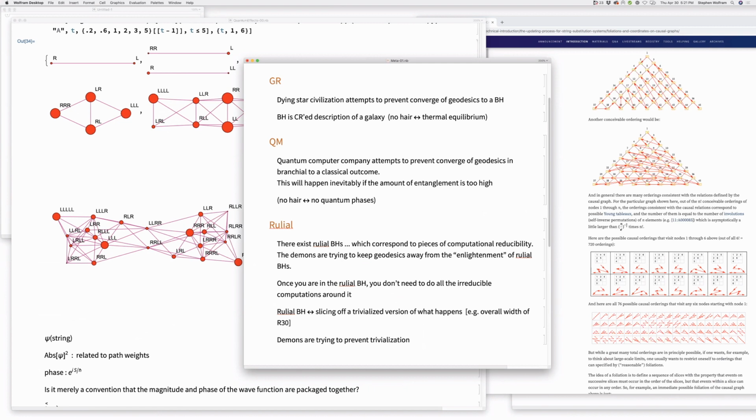Right. Okay. I don't disagree with any of this. My way of thinking about this would be more like, you want to trivialize something, so you want to have some way of computing the overall width of Rule 30. Rule 30 is one way of computing that, but the fact that you've trivialized it means that there are many other rules that will also compute that same thing. So you have computational equivalence between a collection of algorithms, and therefore you have a convergence of geodesics.